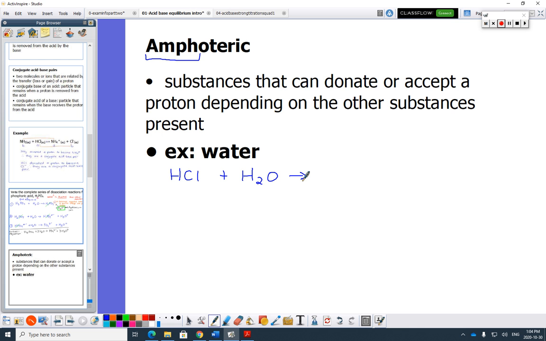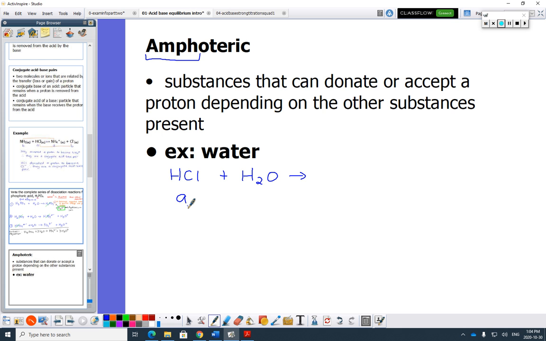So let's do this one. This is hydrochloric acid, so I picked it on purpose. Hopefully you recognize that. Logically, if hydrochloric acid is reacting with water, then the acid has to be the acid. It's going to be the proton donor. And water can be a proton acceptor. You just saw that. It can make what we call the hydronium ion.